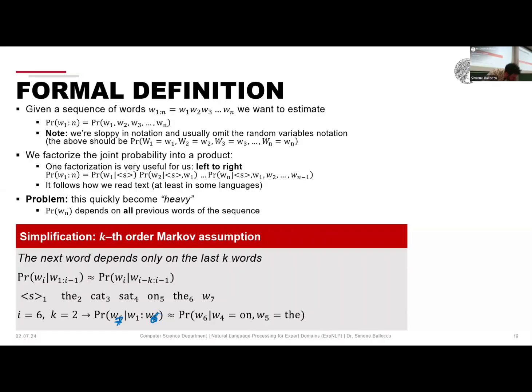This is a mess, I'm going to fix this in post-production. So basically, the probability of the unknown word 7 depends only on the 2 previous words, 'on' and 'the'.